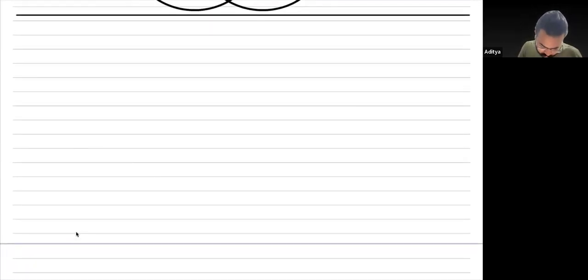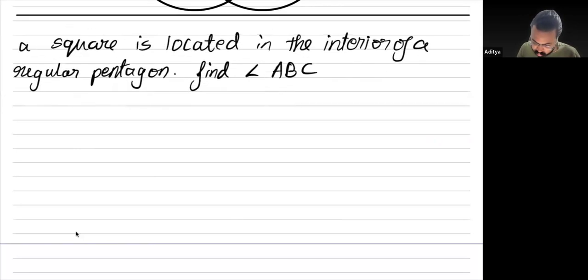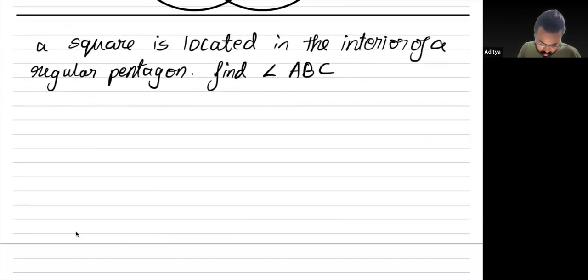A square and a regular pentagon. A square is located inside a regular pentagon as follows. They share a side. Okay, I'll give you the figure.